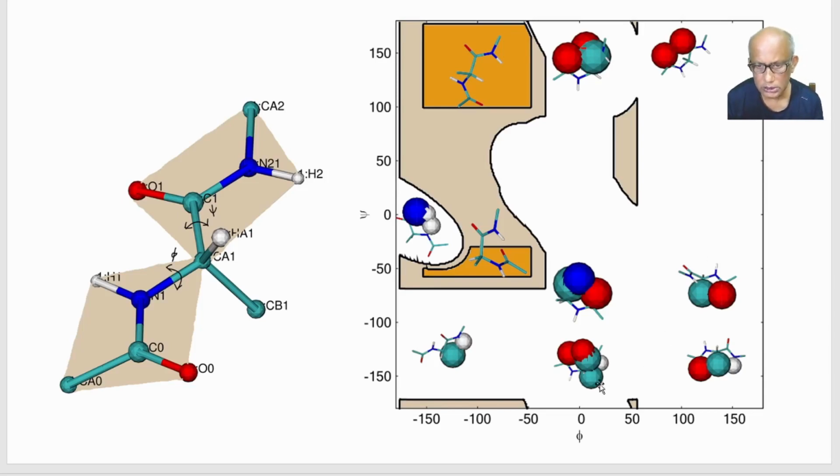In some regions, more or less in the center of the plot, there is more than one pair bumping into each other. So all of these bumps make this region disallowed. But in the normal or the extreme limit regions, the peptides are fine. There are no bumps or short contacts between them.